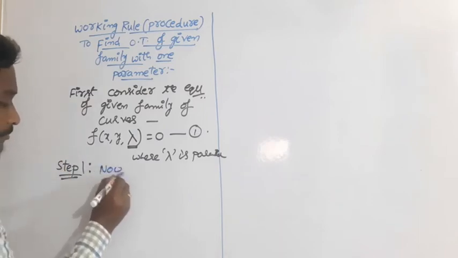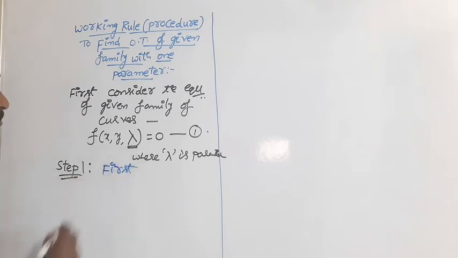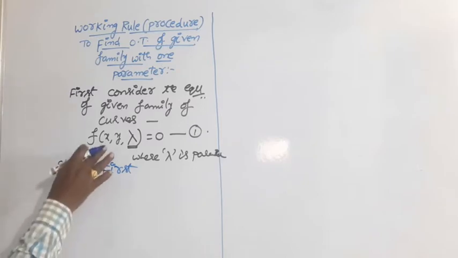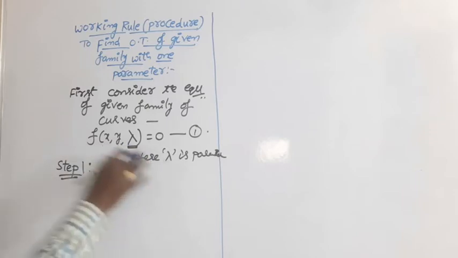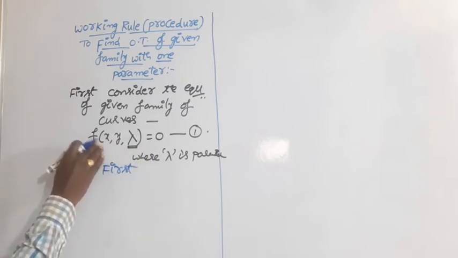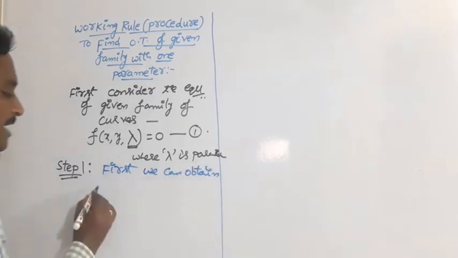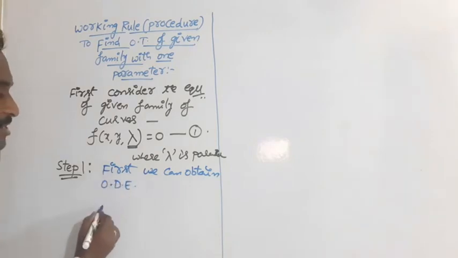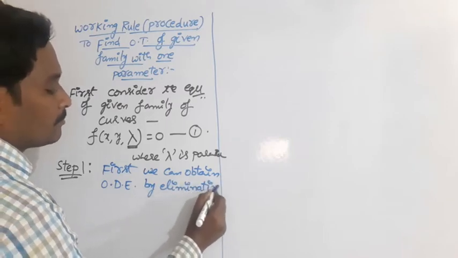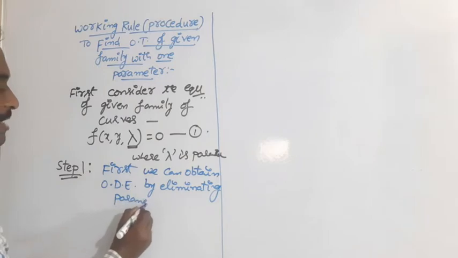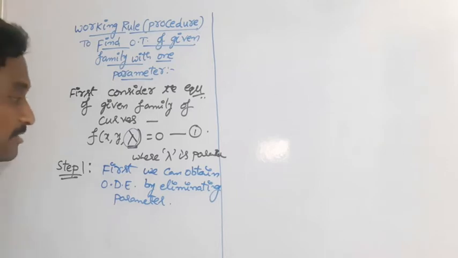For the first step, I will take the derivative with respect to x on both sides of the given equation, and I will eliminate the parameter lambda. So you will get the ordinary differential equation of the given family. First we obtain the ordinary differential equation by eliminating the parameter. How can we eliminate the parameter? Since only one parameter lambda is involved, I will take the derivative with respect to x only.